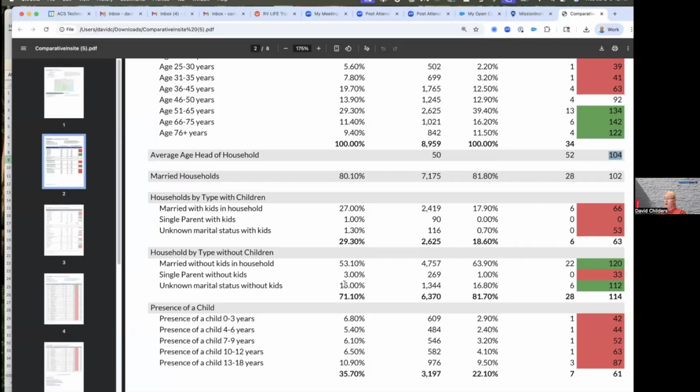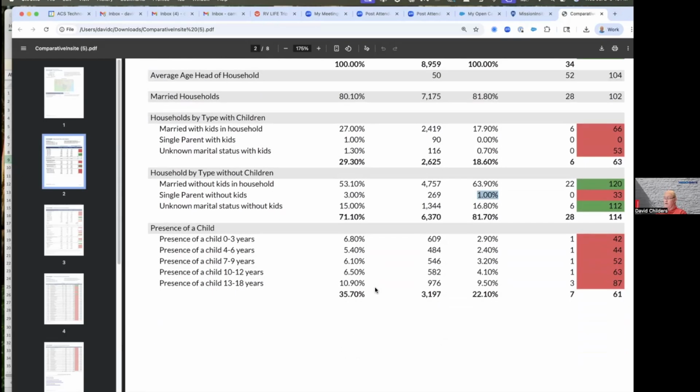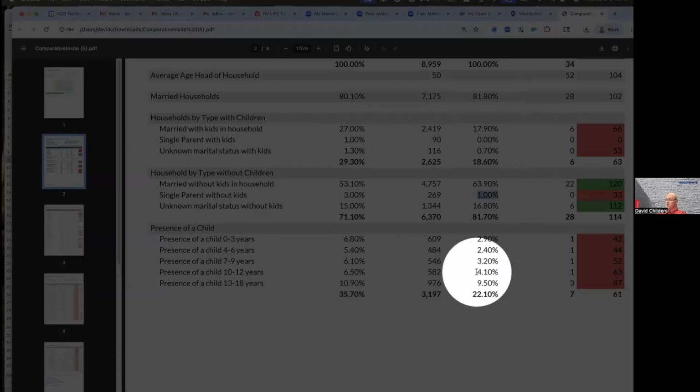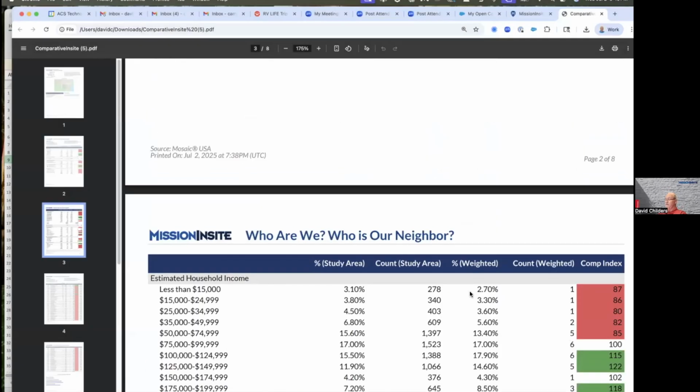If I go down to single parents without kids, 3% in this neighborhood versus families in the church likelihood is only 1%. And not really. What about the unknown status? So there's some of that. And census will sometimes tell you, it shows me ages of children that I'm likely to see in the study area versus in these families or in this community where these families live.